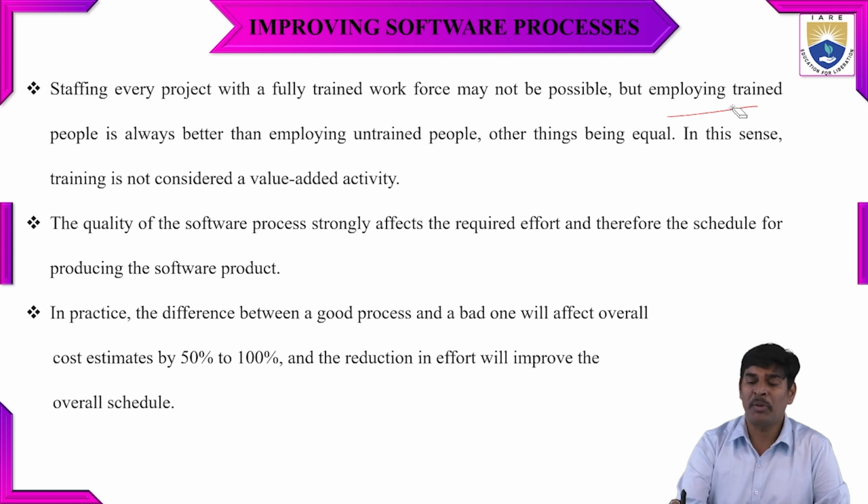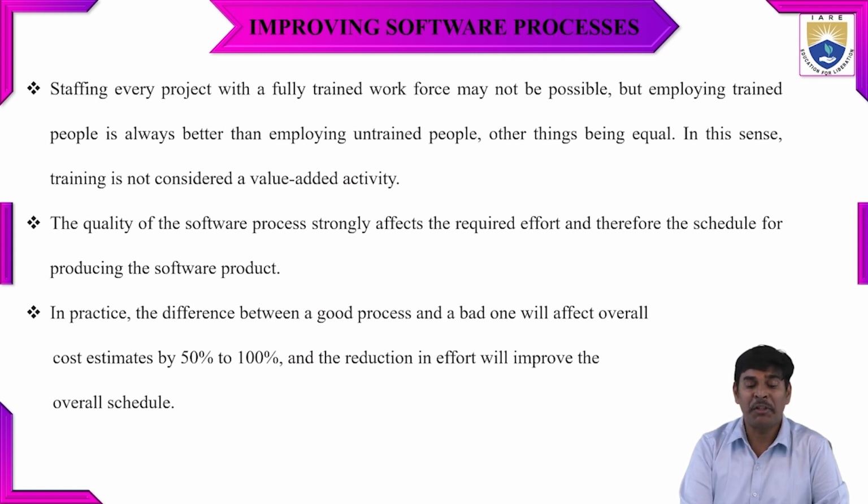For the projects, we need to check that employing trained people is always better than employing untrained people. Here, training is not considered a value-added activity. For staffing every project, we need to check that the trained people will be sufficient for the project.